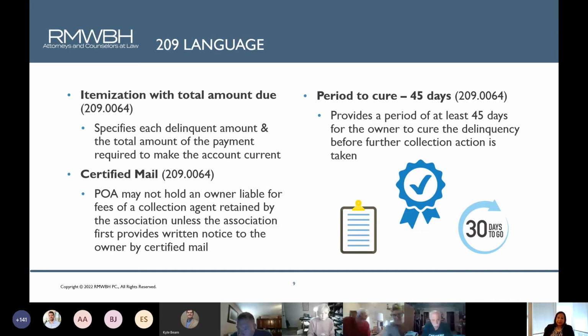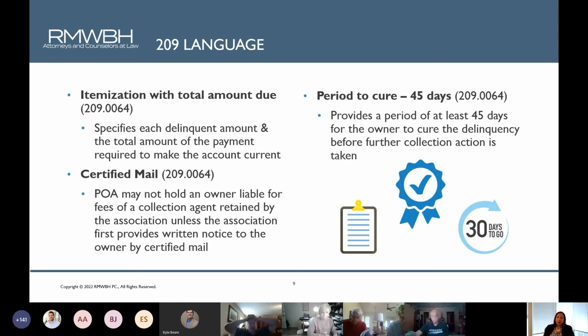Certified mail, again, the association cannot hold a homeowner liable for attorney's fees unless it sends this notice by certified mail. And it needs to provide written notice of all these important provisions before the association can do so. So make sure it's being sent certified mail. And again, with my caveat that I recommend it also be sent by regular mail.